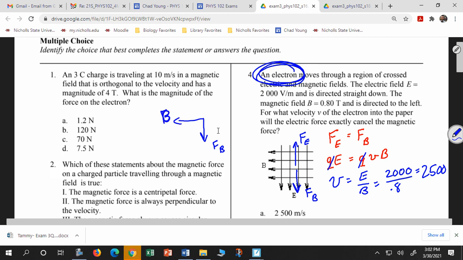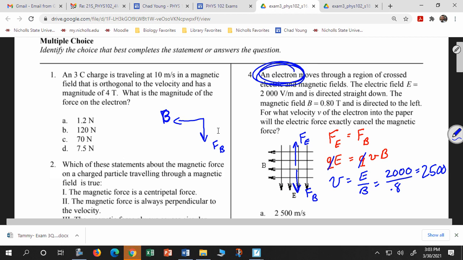Now I can ask, what is the direction of the velocity for a particle traveling through this magnetic field to get this force? B is your middle finger. Looks like that.